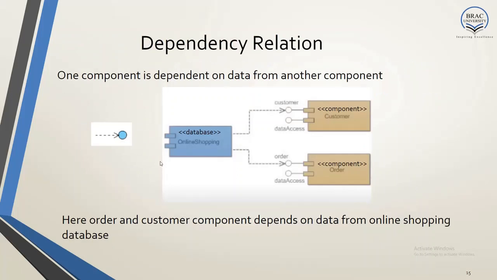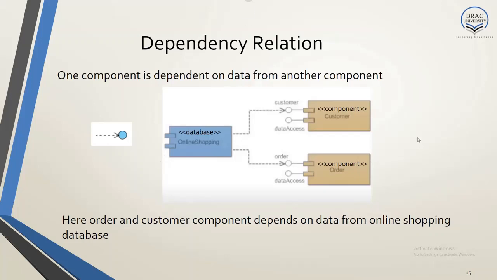Next, we have the dependency relation. We have already covered four main types of element, and this is another type of relationship that may exist in a component diagram. In this type of relation, it shows that a component is dependent on another component based on data from that component.